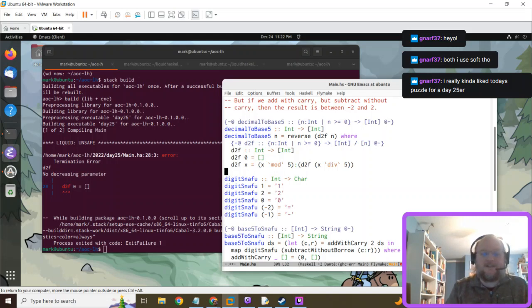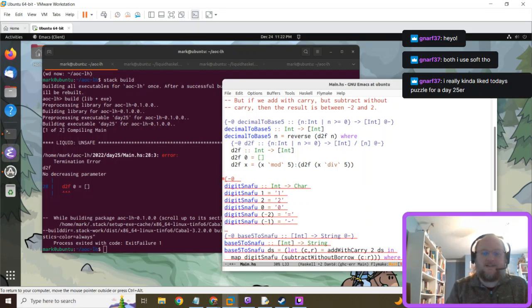So we can tell Liquid Haskell that this should only be called with an integer. It's at least -2 and less than 2. Returns a character.